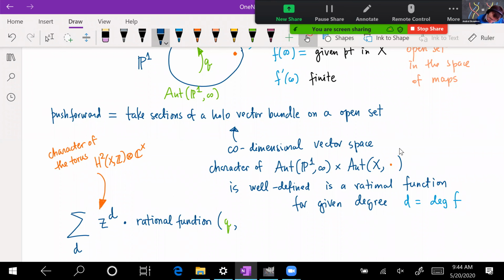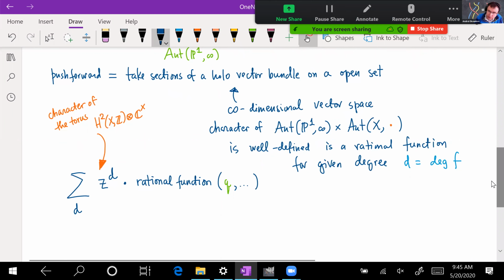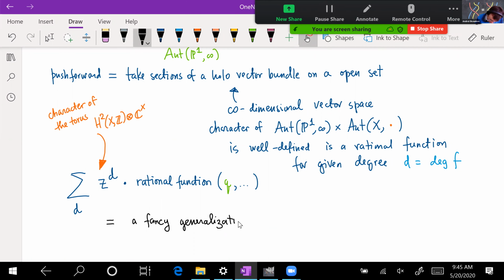Very generally, this expression will be some fancy, maybe not so fancy, generalization of the Q hypergeometric function.